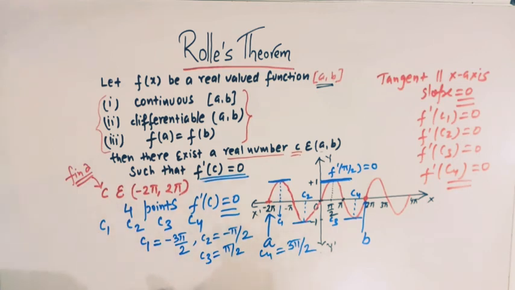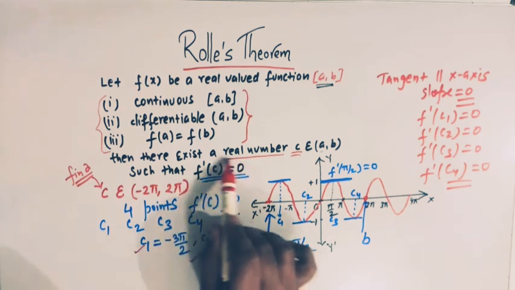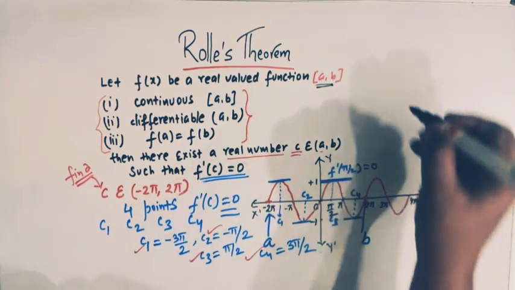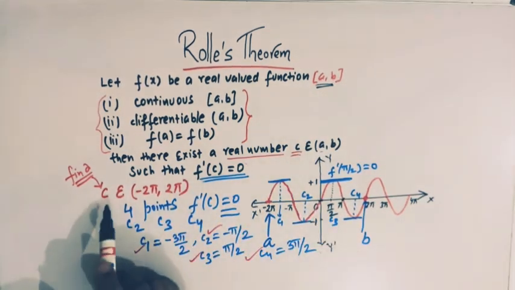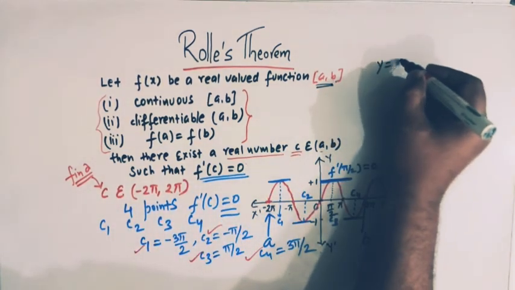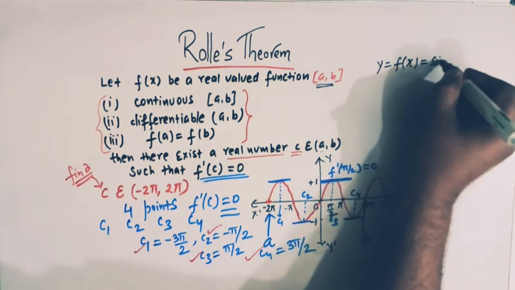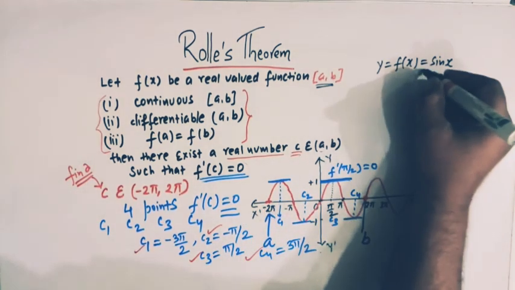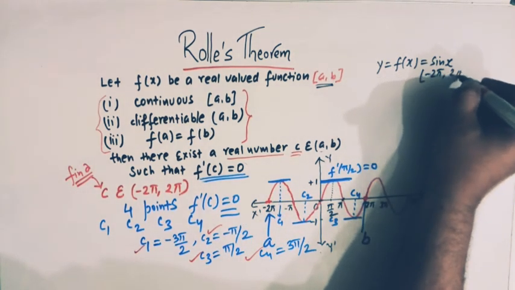Now here we have calculated the values of c1, c2, c3 and c4 with the help of graph, but we can also find these 4 values by solving this equation, and let us see how. Now we have this function, that is y is equal to f of x equal to sine x, it satisfies all these three conditions in the interval minus 2 pi to 2 pi.